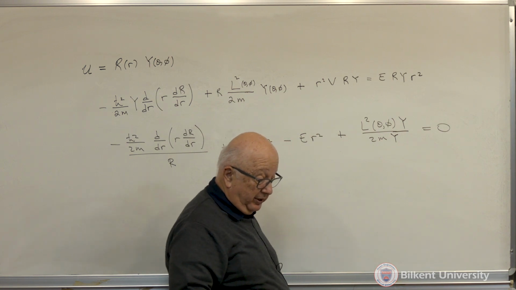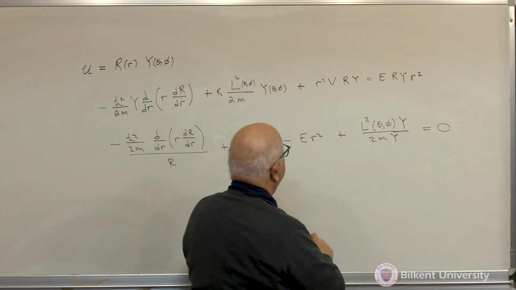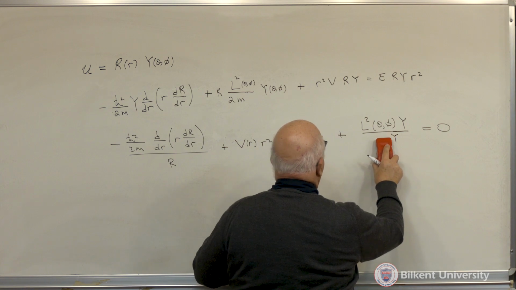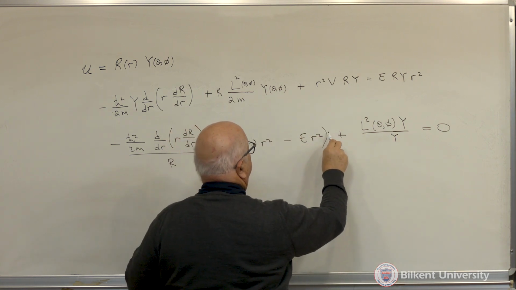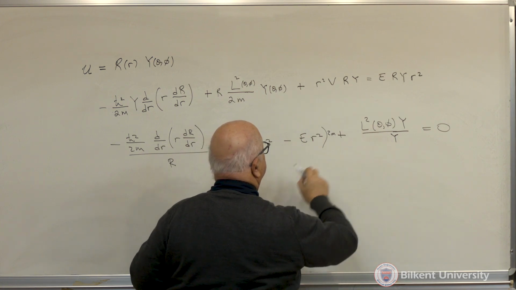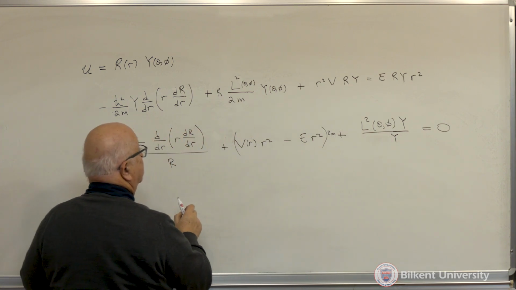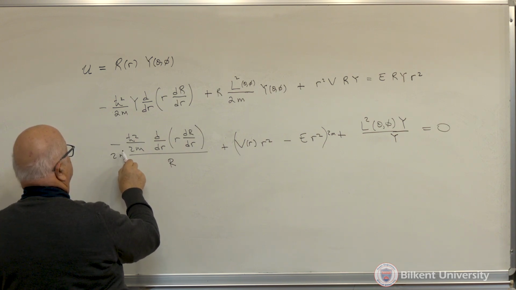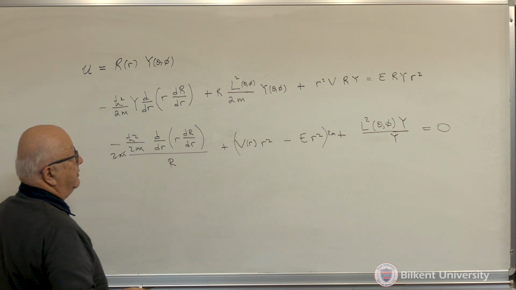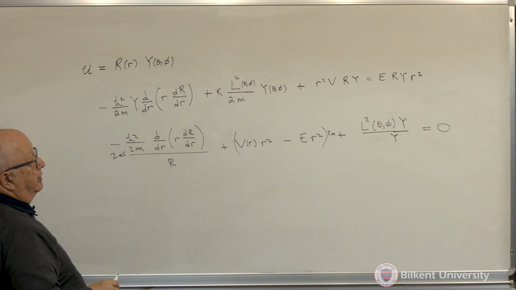Maybe I should multiply by 2m also. Sorry, I'm being somewhat sloppy here, but I'll just multiply everything by 2m so that I get something unitless. Well, not unitless. Multiplying this by 2m just cancels that. So I have something like that.